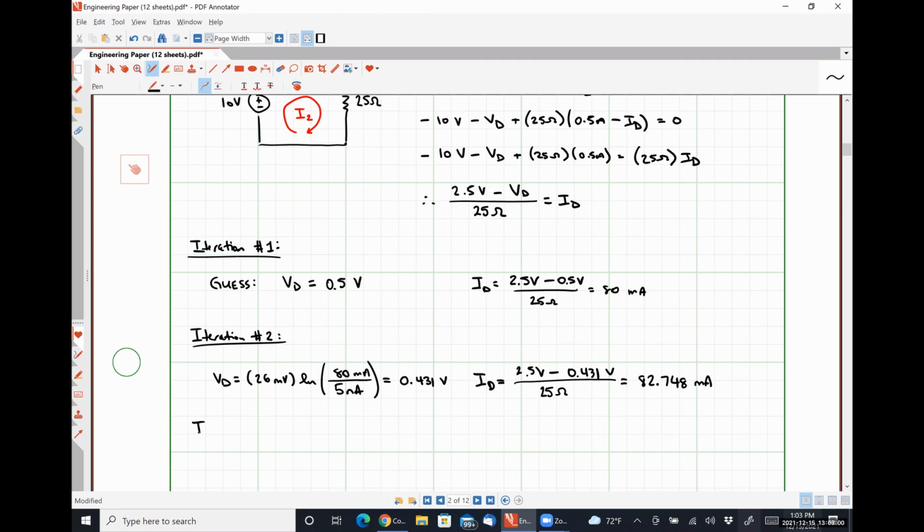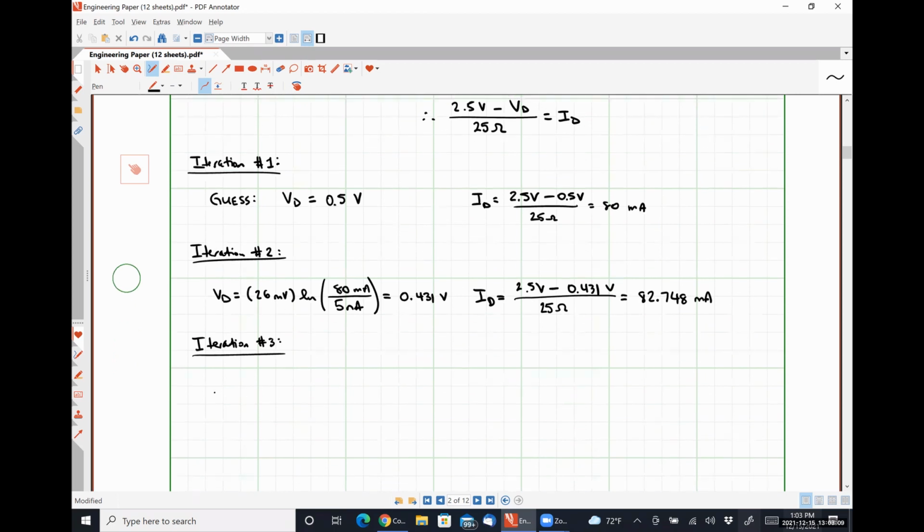Iteration number 3. We would say that VD is 26 millivolts times the natural log of 82.748 milliamps divided by 5 nanoamps, which gives us a voltage of 0.432 volts.